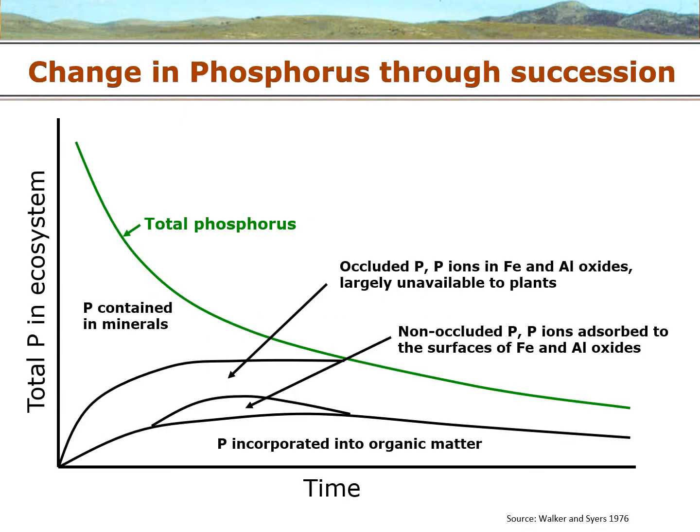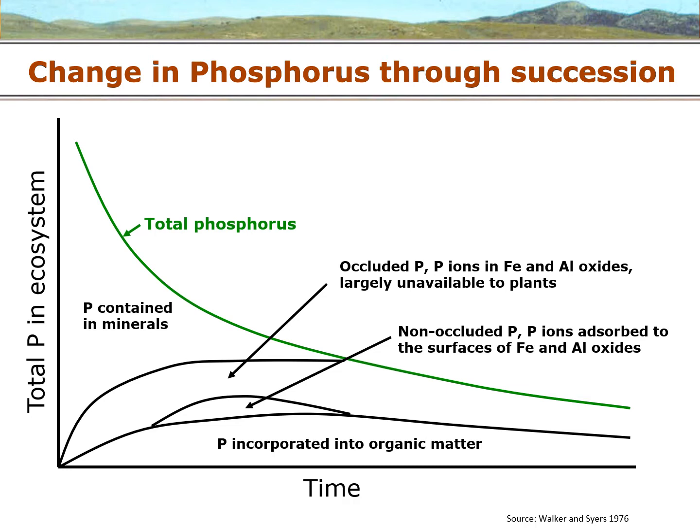As an example, we can look at the nutrient phosphorus in the ecosystem as a function of succession. We have phosphorus tied up in different ways. We have that contained in minerals. We have phosphorus that is incorporated in organic material. We have phosphorus that is occluded, or included in the iron and aluminum oxides, and largely unavailable to plants.